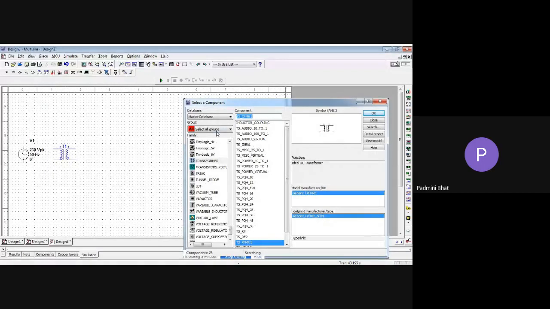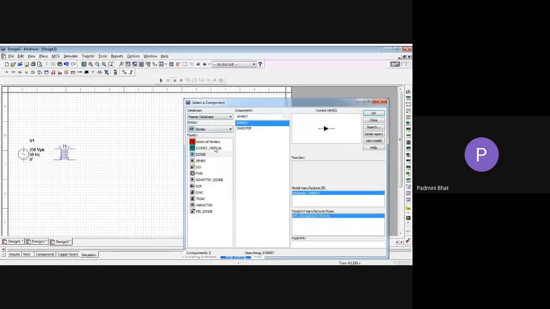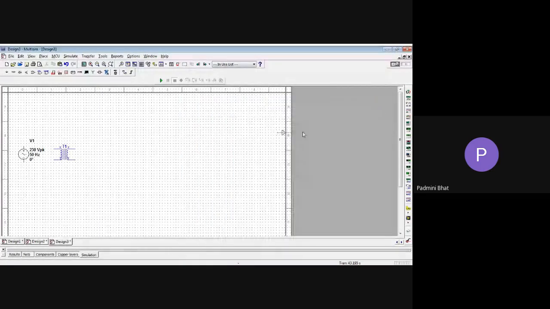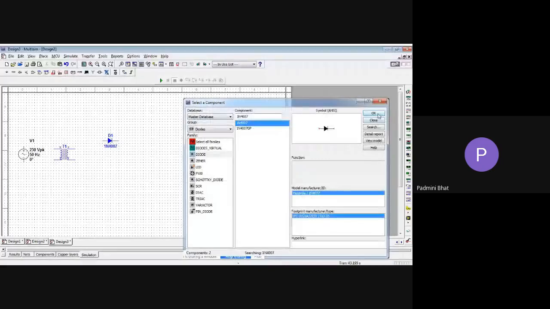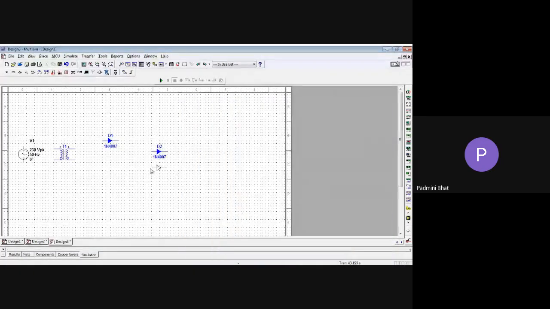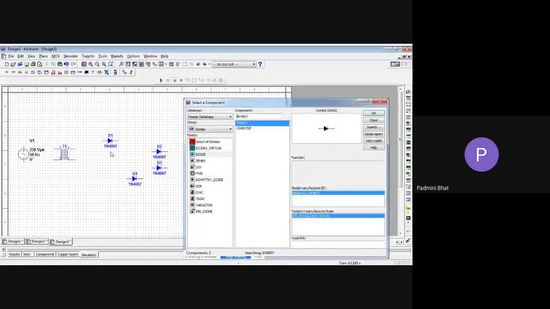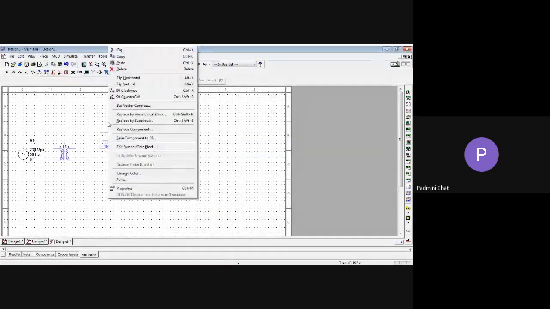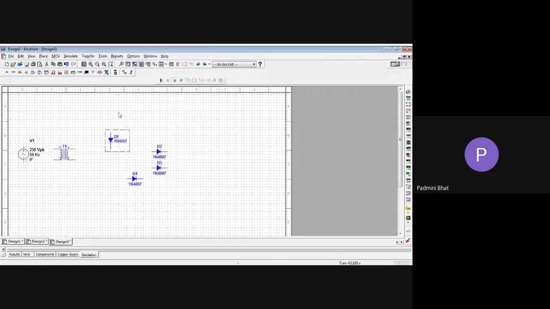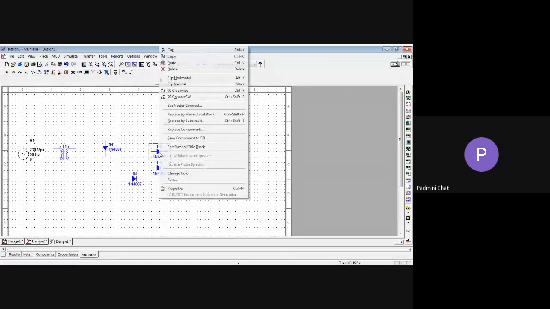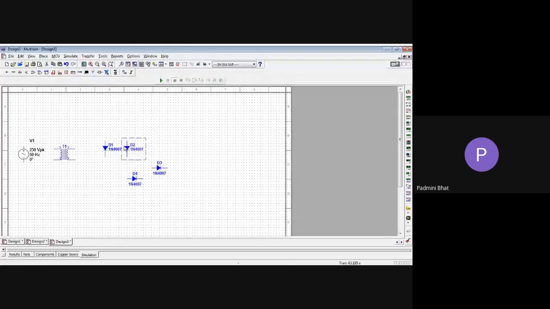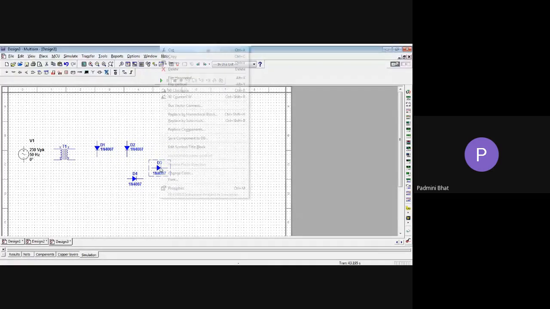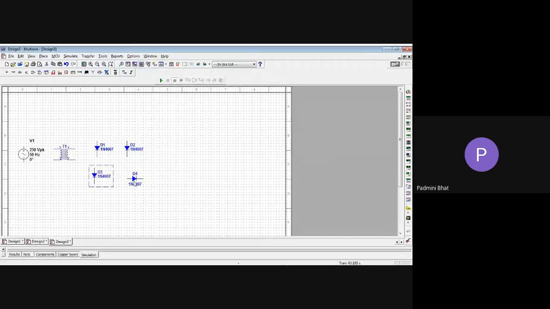Then we'll go for diodes, 1N4007. Yeah, 4 diodes we'll take. Then you click on that and rotate it 90 degrees. Then you go for 2 capacitors.